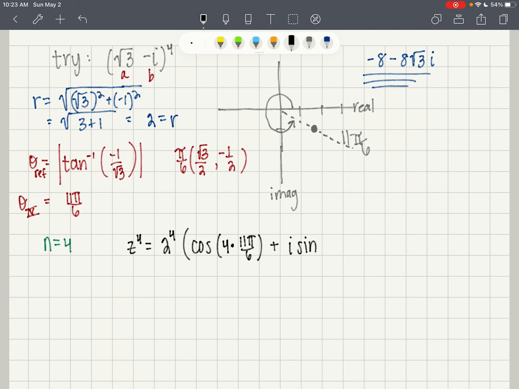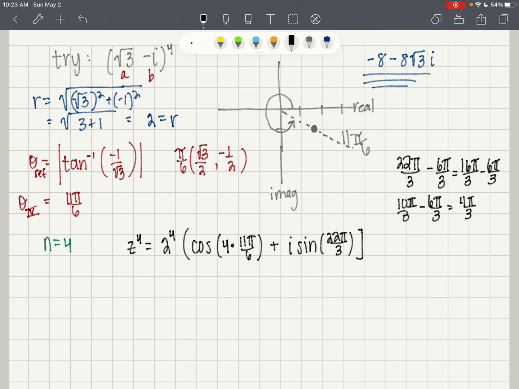So plus i sine of 22 pi over 3. I'm going to definitely need to find a coterminal angle for that. 22 pi over 3 minus, I'm going to subtract out 2 pi. That gives me 16 pi over 3. We'll subtract out 2 pi again, and that gives us 10 pi over 3. We'll subtract out 2 pi again, and we get 4 pi over 3.